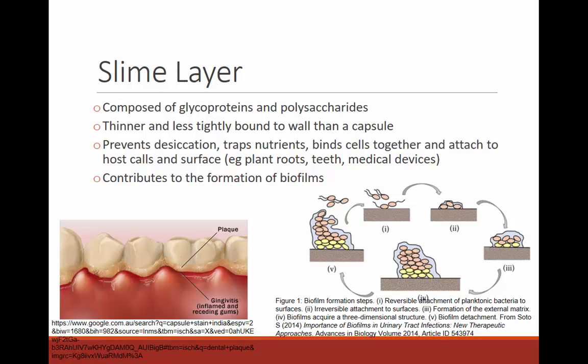Now, a slime layer is associated with Strep mutans and dental caries, for example, where there's plaque buildup. Typically, a certain species adheres to a surface, and they produce a slime layer, for example, to protect themselves. When they protect themselves, other bacterial types come and join into that colony.